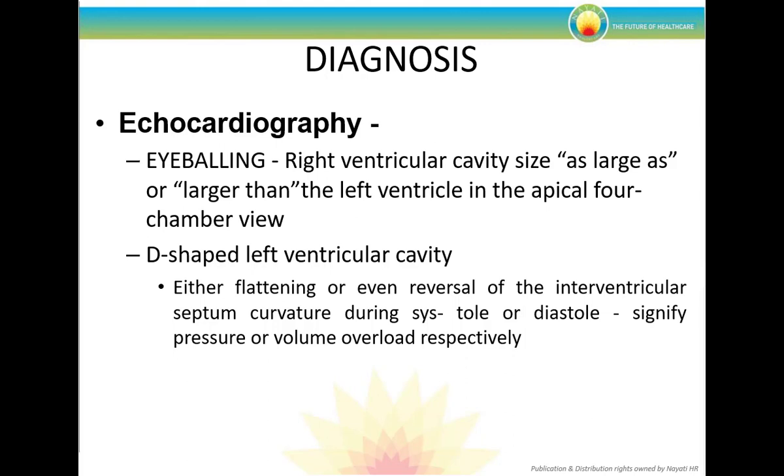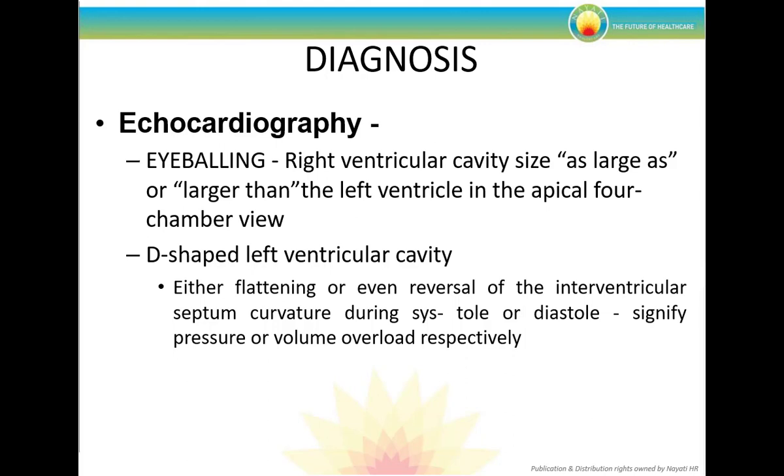In the echocardiography, just by eyeballing, we can compare the size of the RV with the LV. Normally the ratio is about 2/3 to 1/3. So 2/3 of the apical chamber will be occupied by the left ventricle, whereas 1/3 is by the right ventricle. If you see LV and RV of the same size, that means there is mild dilation of the RV.